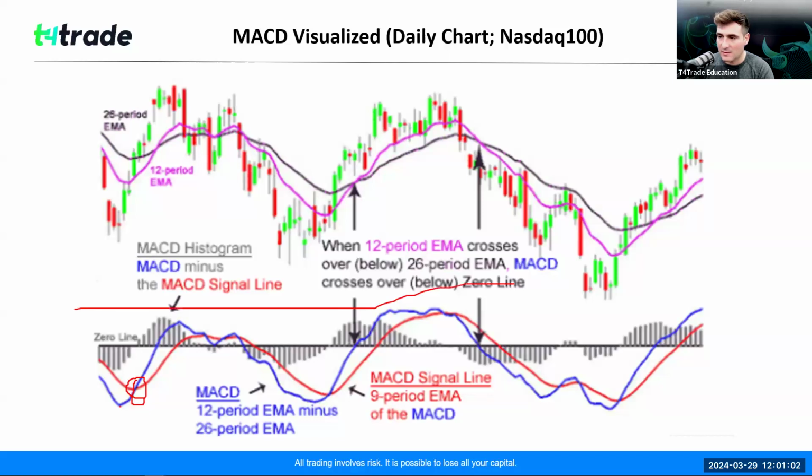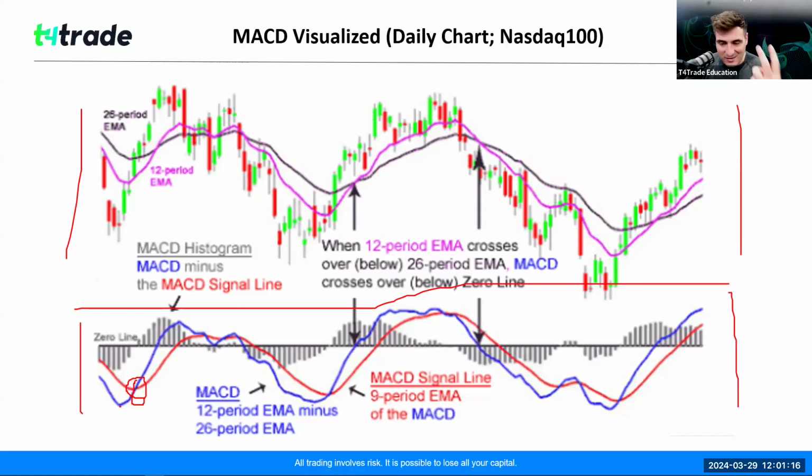By the way, this is MACD, this is price action. Okay, so it's going to be below. What I've done here is I have added the same parameters, the 12 and the 26 moving average, as simple moving averages above the price action as well.